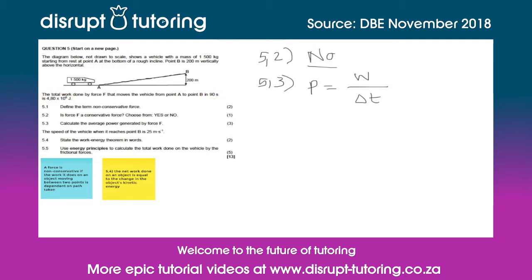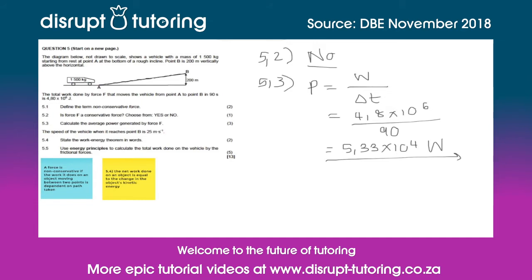So power is equal to the work, 4.8 times 10 to the 6, over the change in time, which they've given us as 90 seconds, and that gives us 5.33 times 10 to the 4 watts, the unit of power. Then it says the speed of the vehicle when it reaches point B is 25 meters per second.